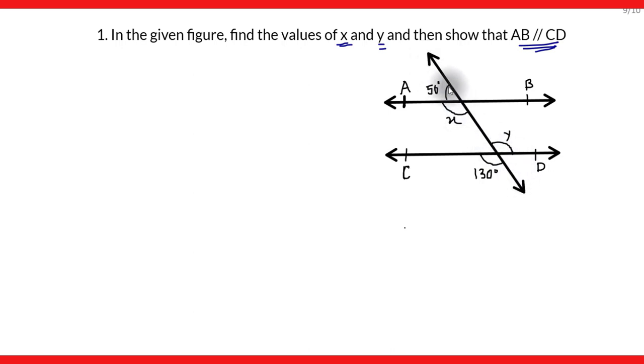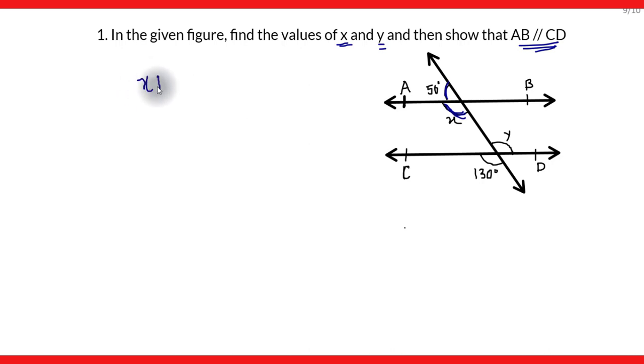So here first we see that these two angles form a linear pair. And we know the relation of a linear pair: the sum of these two angles will be 180 degrees. So x plus 50 will be 180 degrees by linear pair.